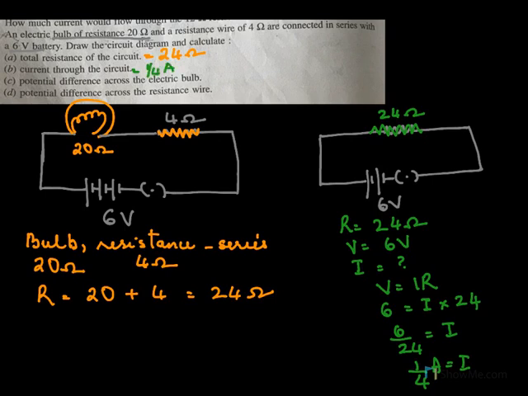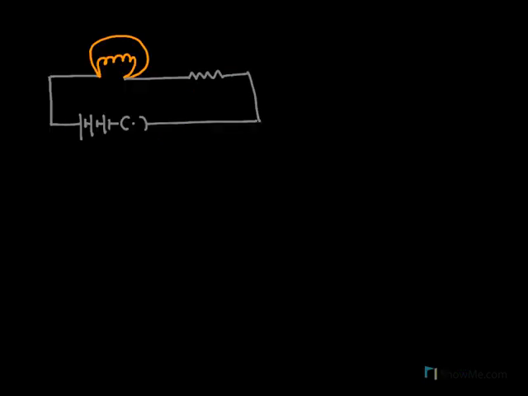Now we must find the potential difference across both the bulb as well as the resistance. Now let's begin to find the potential difference across the bulb. Here is the bulb. For the bulb, we know resistance is 20 ohms. The current we calculated for this circuit is 1 by 4 amperes.